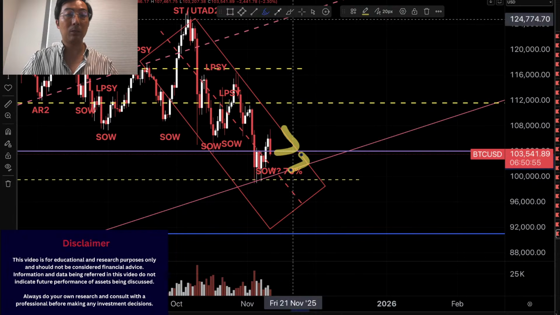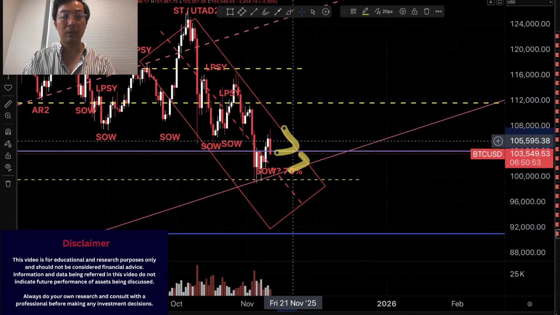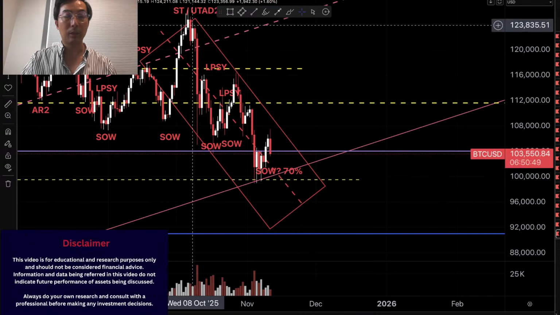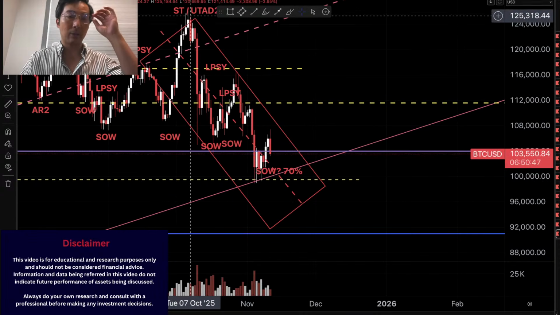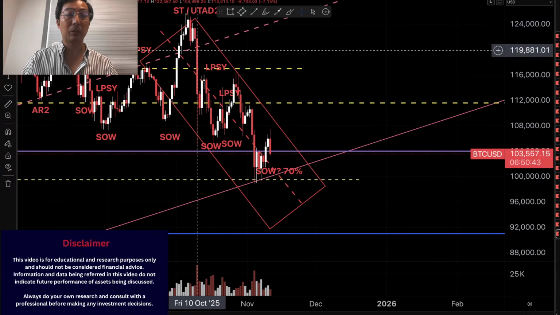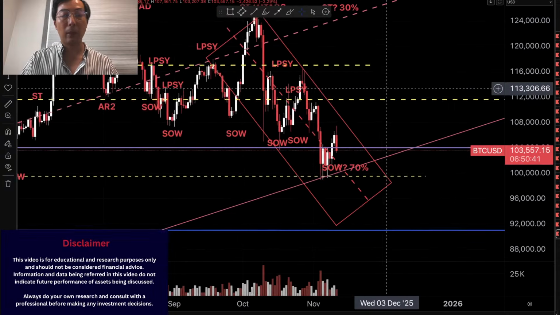Alright, so these 2 time points, if the price continues to trade within this red box, this downward channel that started back in October 7th, in that particular week, even before the tariff announcement.